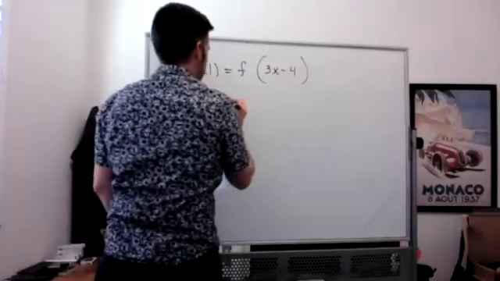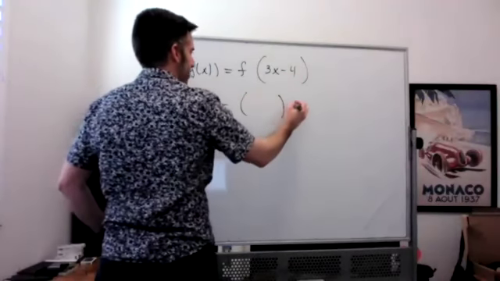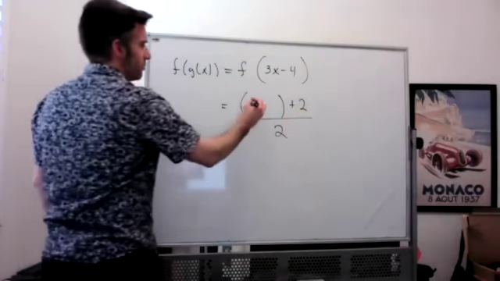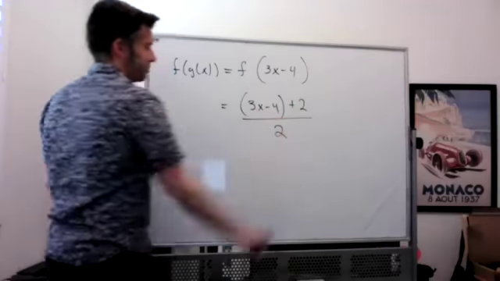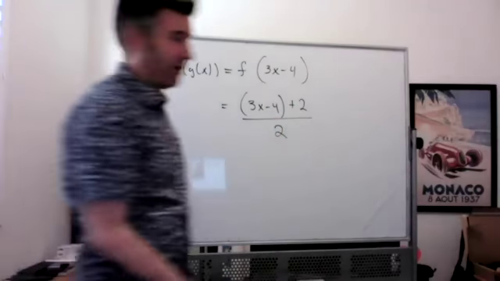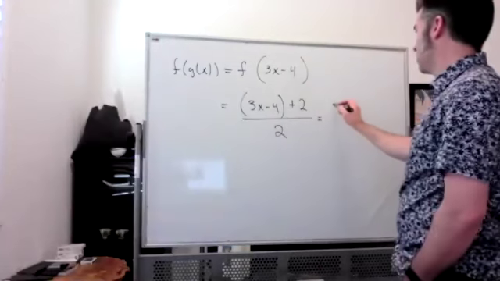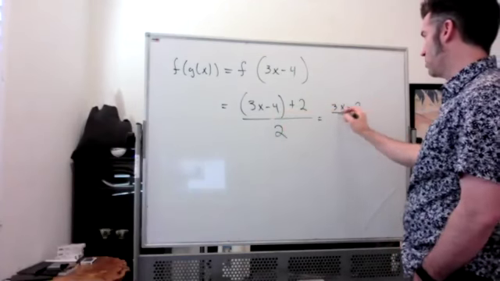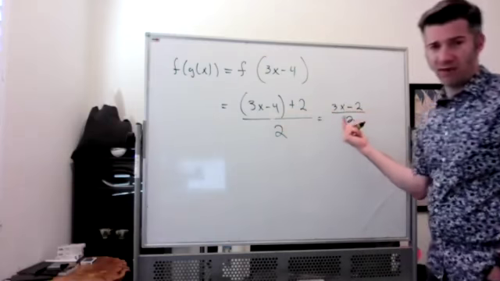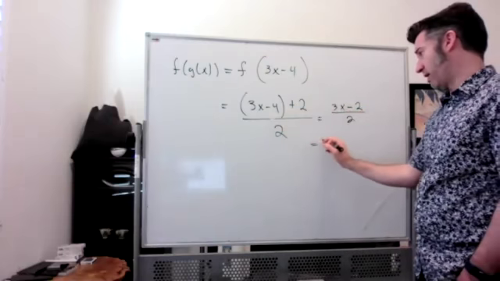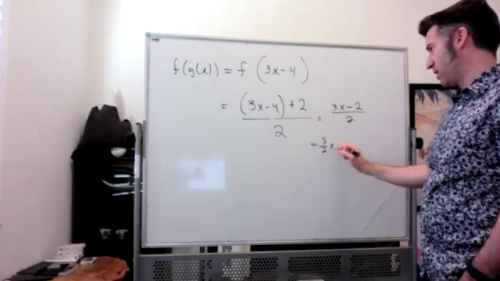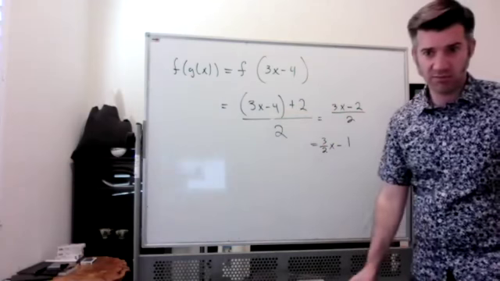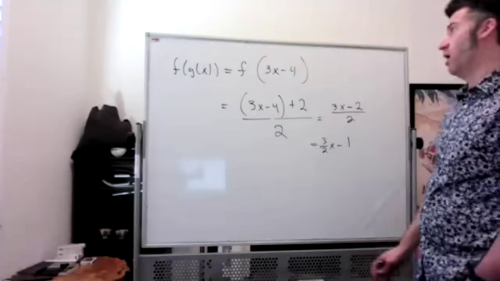So f of some stuff is that stuff plus 2 over 2. And then we could simplify. This is going to be (3x minus 4 plus 2), which is 3x minus 2, all over 2, which I would probably leave like that. But if you wanted to, you could write it as 3 divided by 2 times x minus 2 divided by 2, which is 1. But that would also be fine. You don't have to.